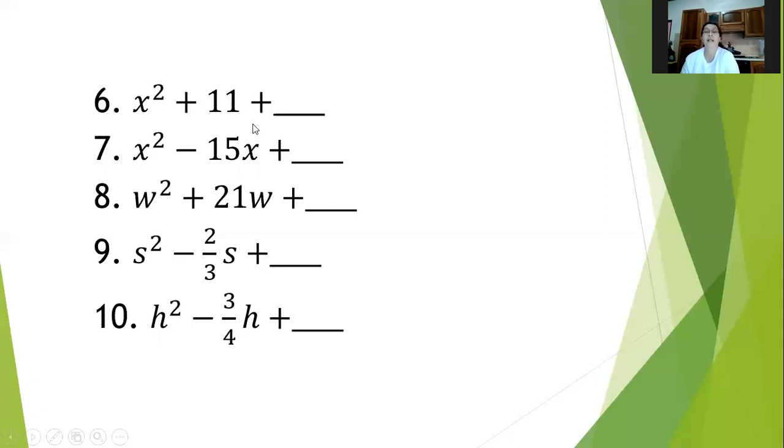Number 7, x squared minus 15x plus blank. Number 8, w squared plus 21w plus blank. Number 9, s squared minus 2 over 3s plus blank. And number 10, h squared minus 3 over 4h plus blank.